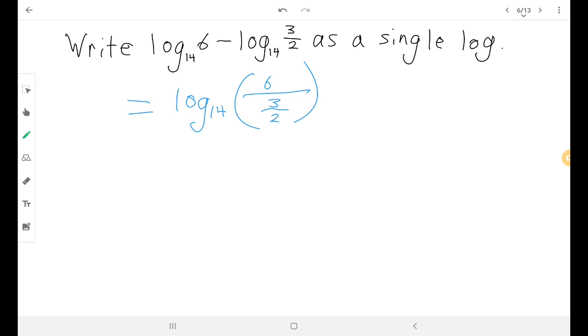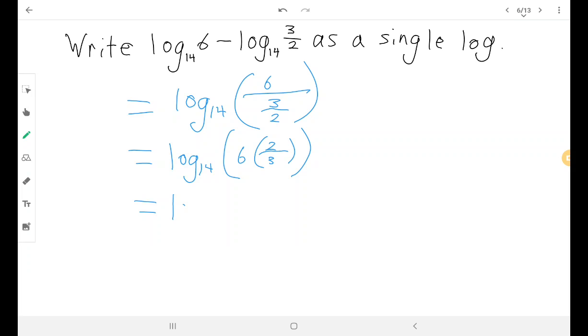And then it might be helpful to turn this division problem into multiplication by reciprocal. So log base 14 of, well, when we do that, we keep the top, change the division to multiplication, and flip the bottom. So that becomes 6 times 2 over 3.